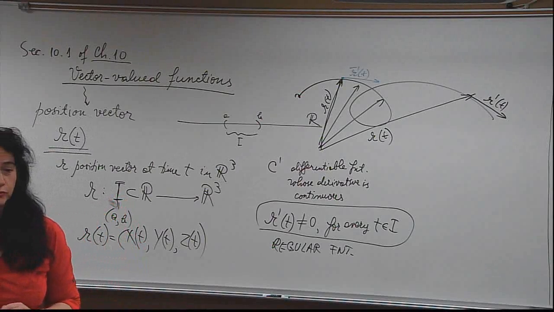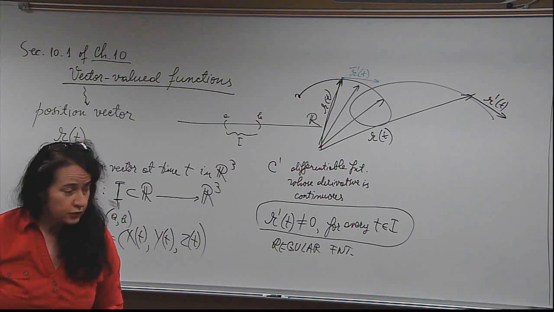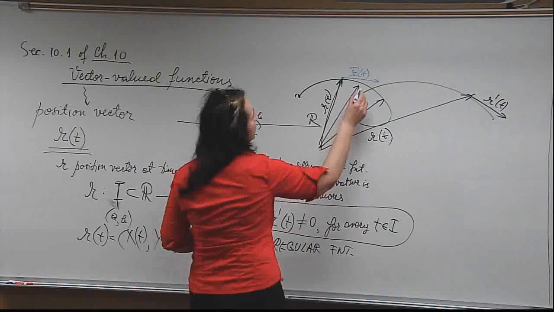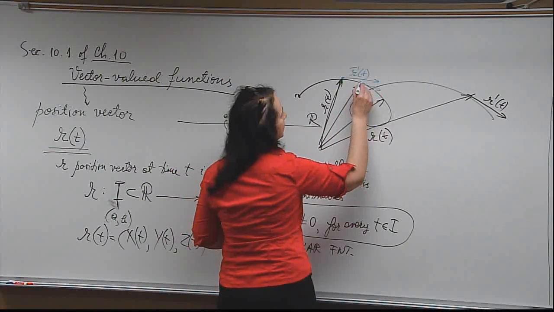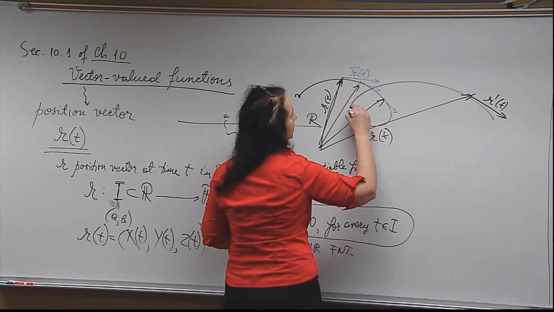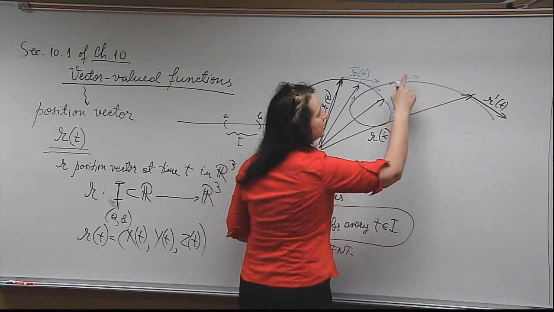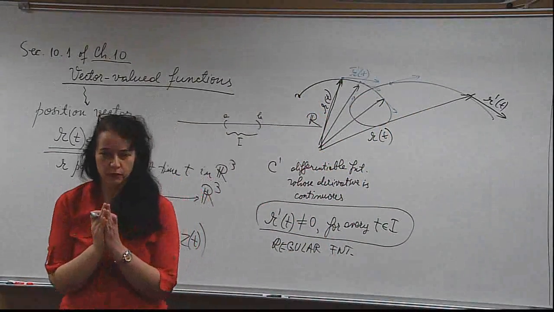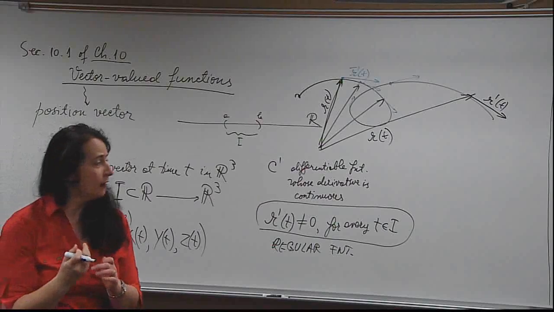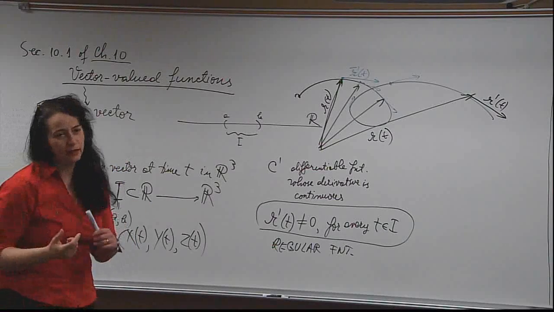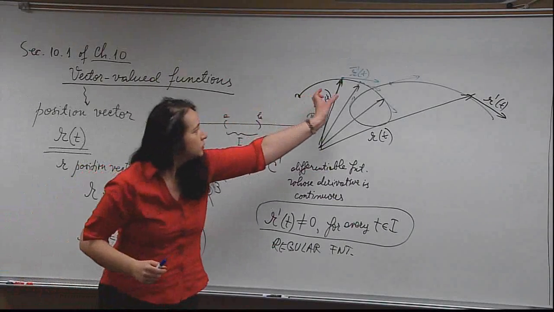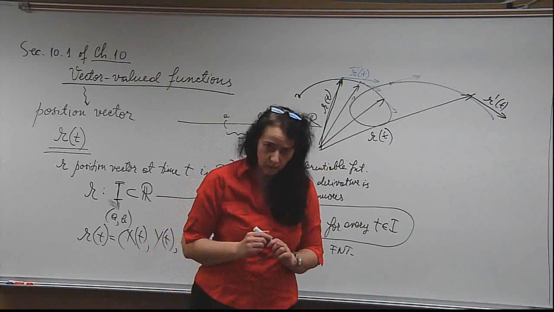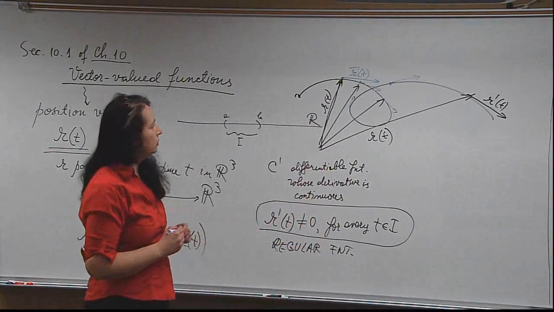It's always tangent to the trajectory. So at every point you're going to have a velocity vector that is tangent to the trajectory. You keep moving like in physics. This r prime of t should never become 0. So you will never have a point instead of a segment when it comes to r prime, right? Okay, all right, so you don't stop.